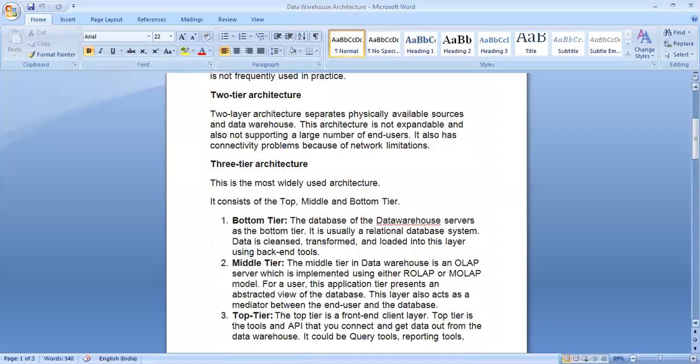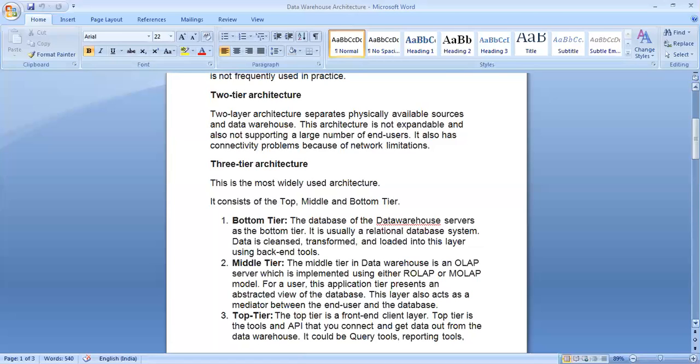In the bottom layer, the databases of the data warehouse were traditional RDBMS systems, but here it performed the ETL process, the cleansing, transformations, and loading of the data, using backend tools. So at the bottom level there were still relational databases, but they were cleansed, transformed, and loaded before doing any transactions.